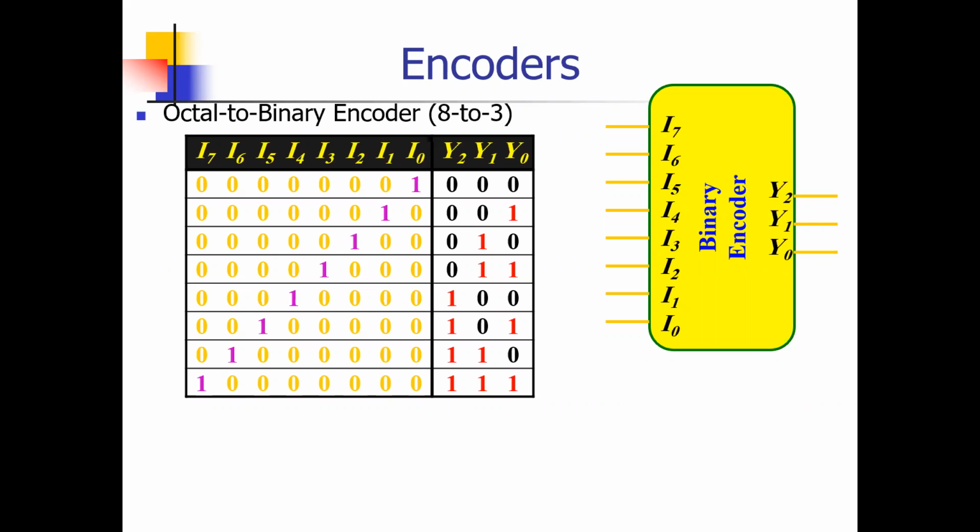For y0, if I1 is 1, or I3 is 1, and this and this. If this or this or this or this is 1, then y0 is 1. So which gate should I use?